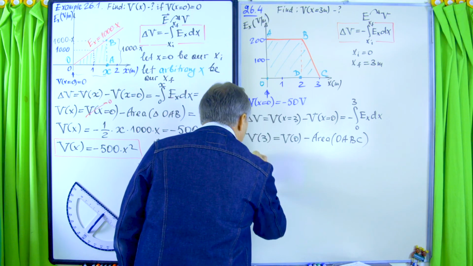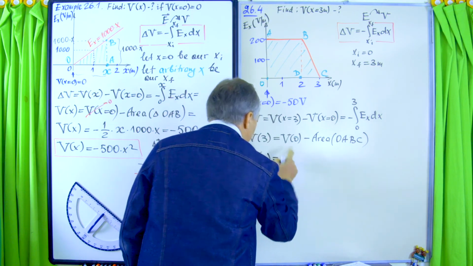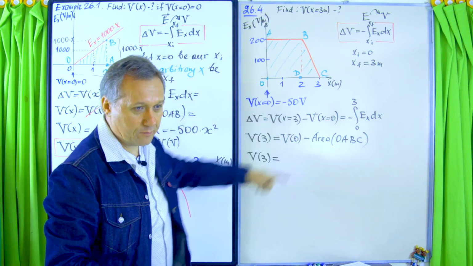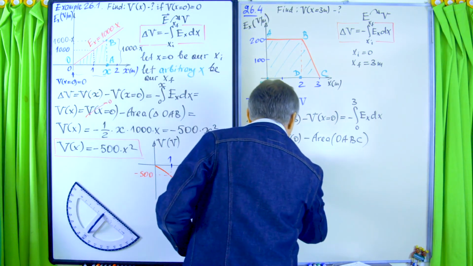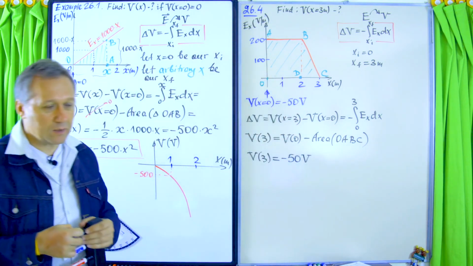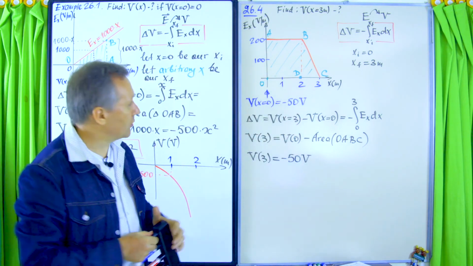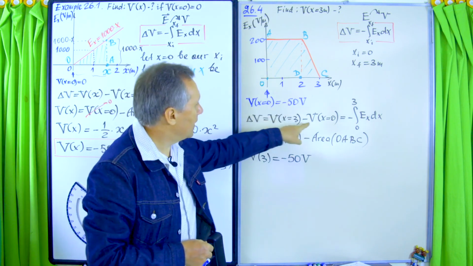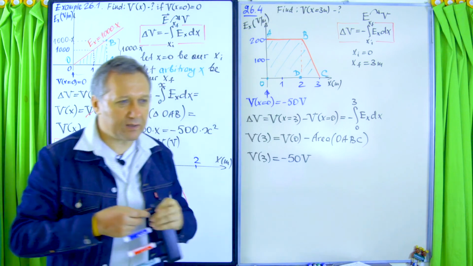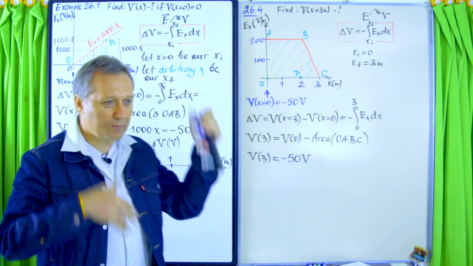So it will be V at 3 equals V at 0, which is negative 50, so minus 50. Sometimes some students make unnecessary mistakes because the value of the potential is negative, and this must be moved to that side with a plus. They start getting lost in these minuses, right?